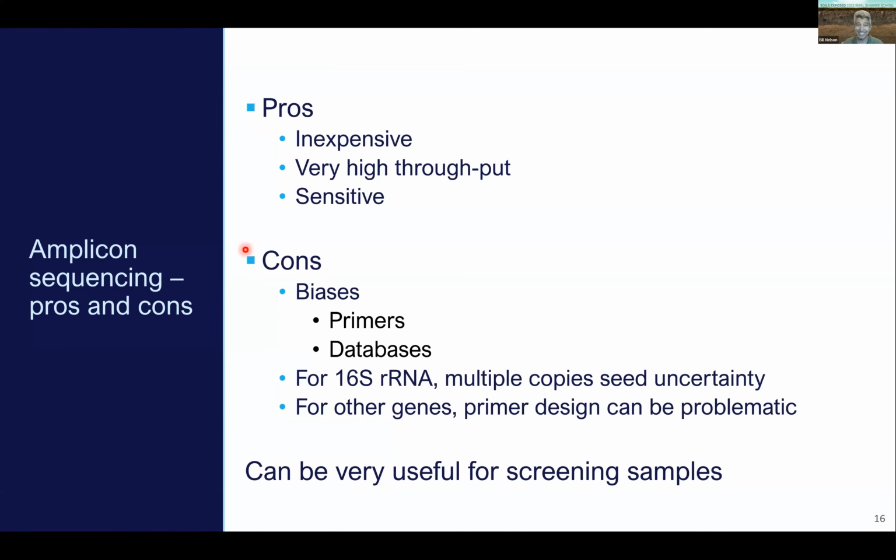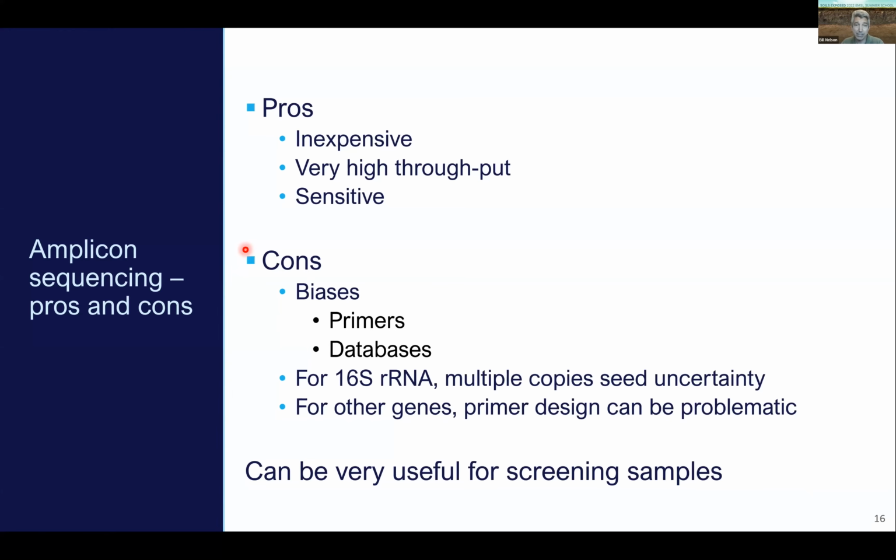There are also biases in the databases. The information in the databases was generated from scientific studies that have been going on, and there are biases in terms of what organisms get studied: medically relevant organisms, industrially relevant organisms. There are going to be more of those in the databases than oddball environmental isolates. So that can lead to biases when you're doing your analysis.